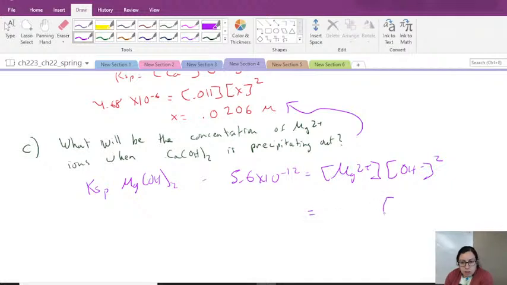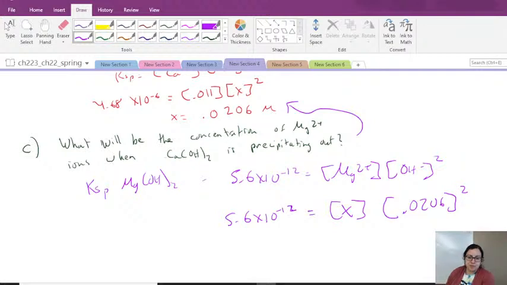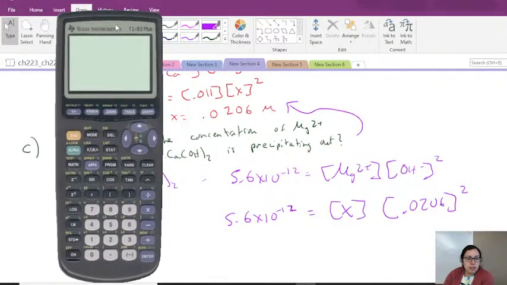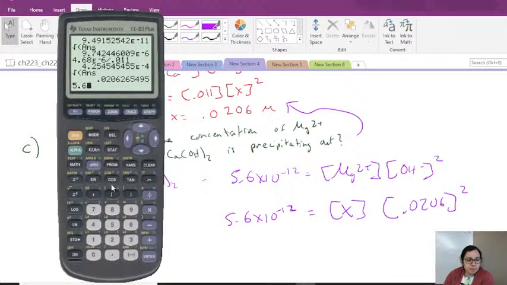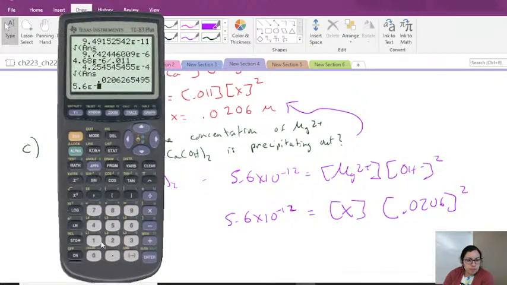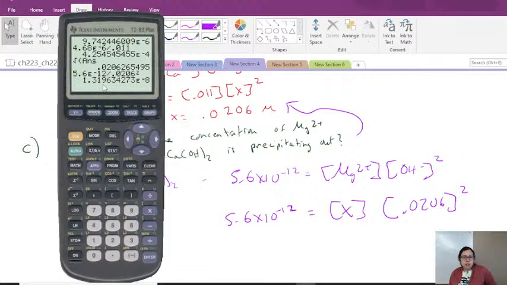Let's plug in our hydroxide concentration from before, so 0.0206 squared. Now we're solving for magnesium, which is equal to this KSP divided by that. And so I get this for my concentration of magnesium.